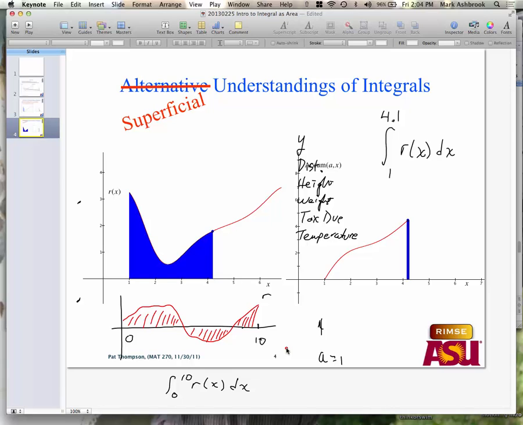Area can only be a positive value. So does it calculate the sum of those three positive areas? No. So if we call this area 1, and this one area 2, these are all positive values because area is always positive. What would the value of this integral be in terms of those positive values, a1, a2, and a3?